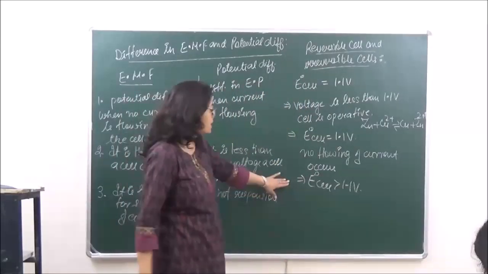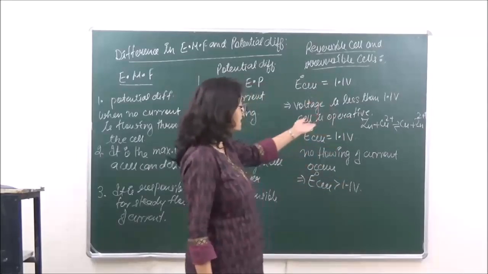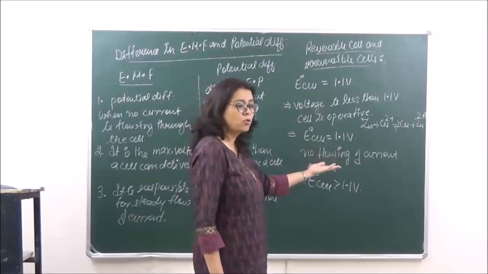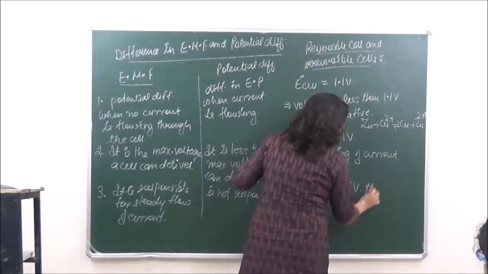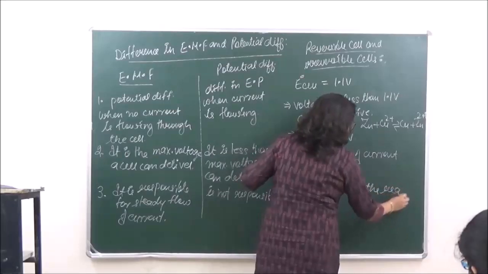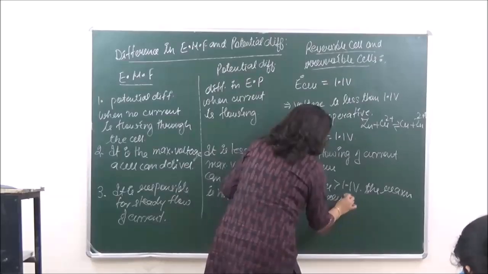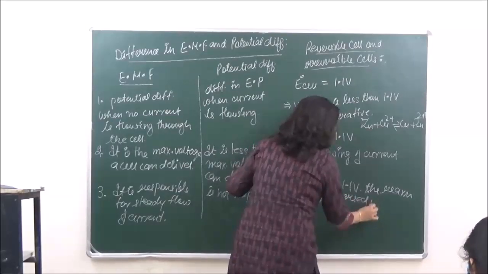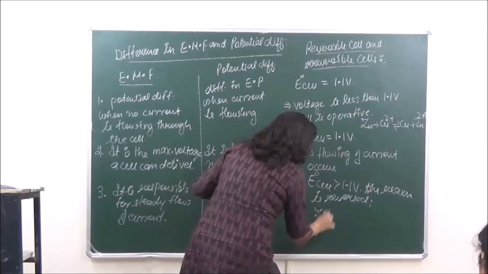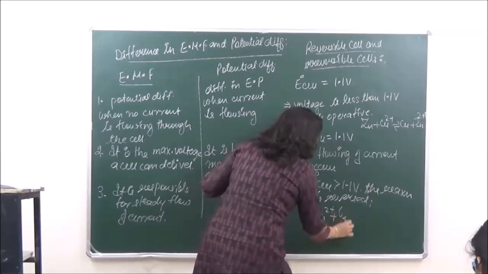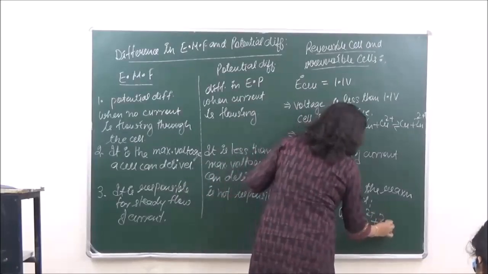Now once the E naught cell is greater than 1.1, in that case the reverse reaction is going to take place. Okay, so the reaction is reversed. That is, the reaction would be Zn2+ plus Cu to give Cu2+ plus Zn.